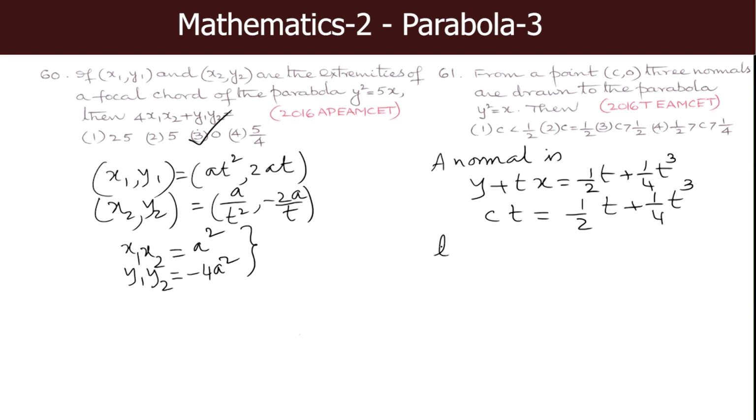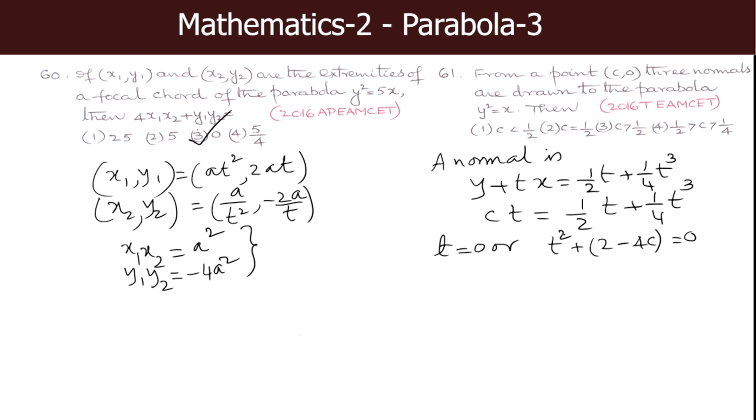This gives us t is equal to 0 or t square plus 2 minus 4C is equal to 0. So, one possibility is t equal to 0.